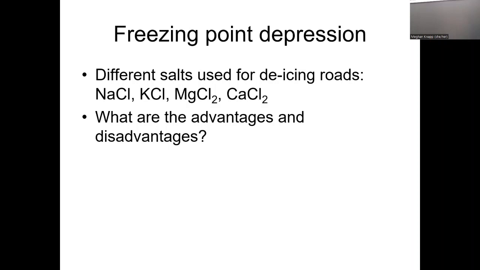So I get twice as many sodiums as I do chlorines for the same mass, but I'm also getting more chloride in there. And that's where the molar mass makes a difference. And so what we often find is that if we use the smaller salt, so sodium chloride as opposed to potassium chloride, you're going to get more of an impact. Magnesium chloride versus calcium chloride, you're going to get more of an impact.